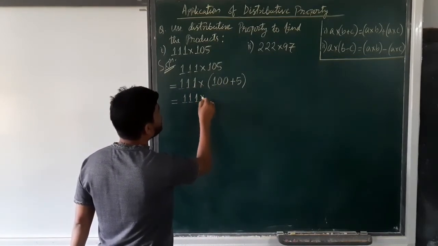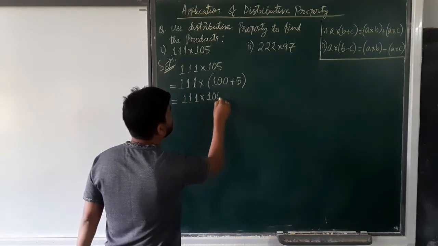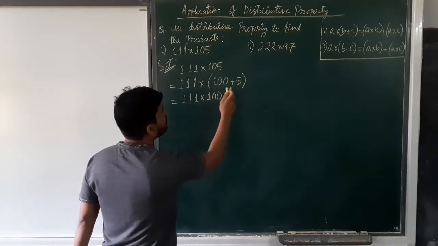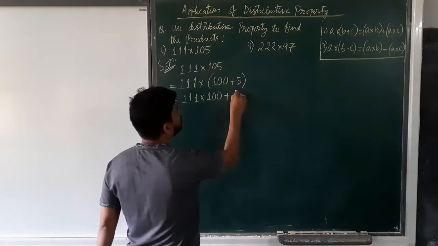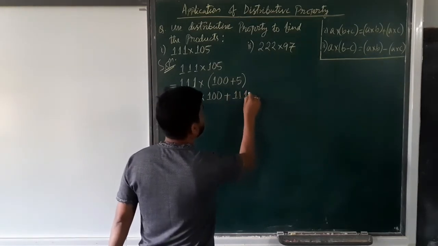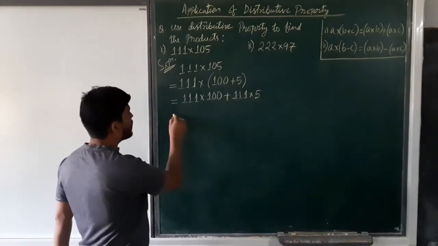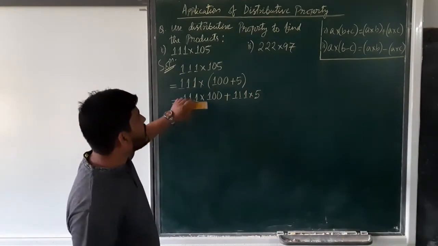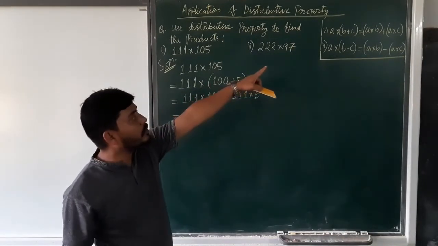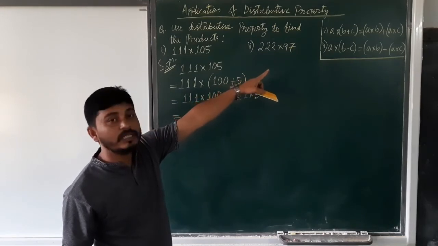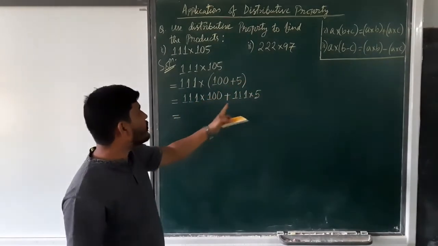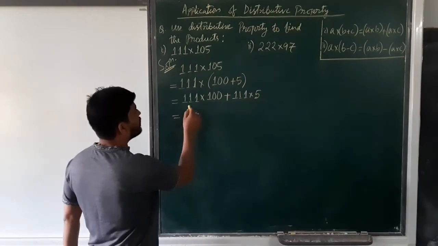So 111 into 100, that is a into b, plus 111 into 5, that is a into c. So till here we have applied the distributive property of multiplication over addition. Now you have to simplify the number.